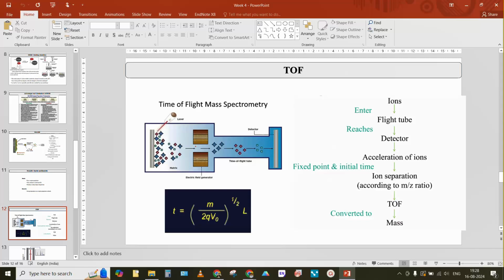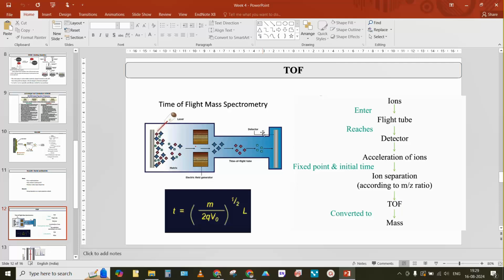Time of flight mass analyzers consist of ion acceleration and focusing optics and a flight tube. As shown in the slide, you have a source where sample ionization occurs due to laser beam bombardment. When ions move in the time of flight tube and reach the detector, we can also add a reflector or ion mirror, which can increase the path length.